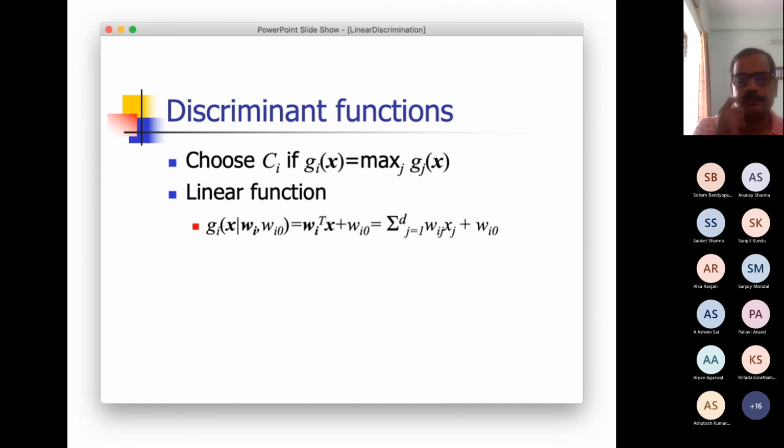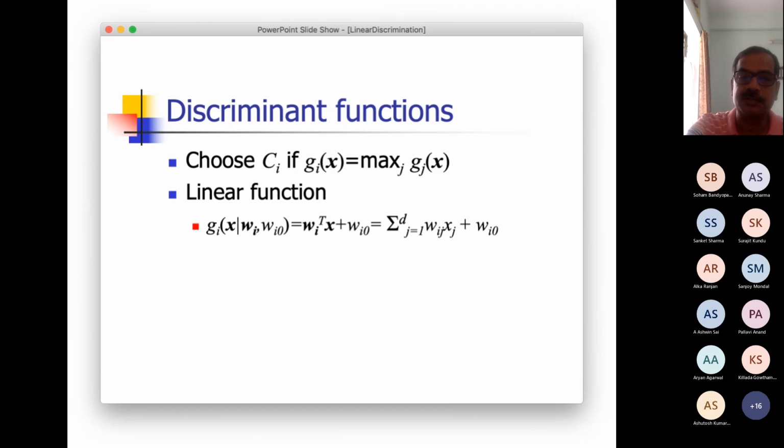So in the linear form, since we will be doing mostly linear discriminant functions, we will be considering the linear form. The linear function is in this form, where you can see that there is a vector, and every function is characterized by a set of weights, because the functional form is a linear combination of these weights. There is, of course, a constant term or a bias term, which is given by this.